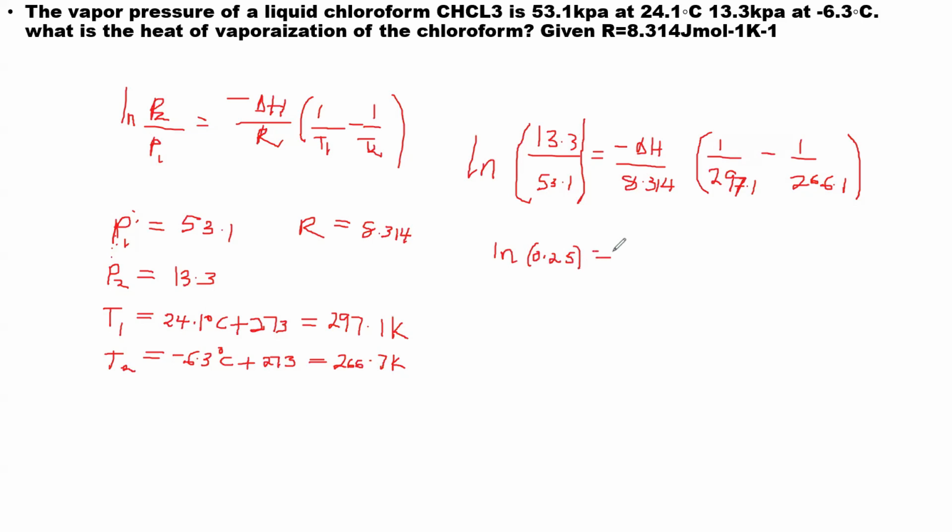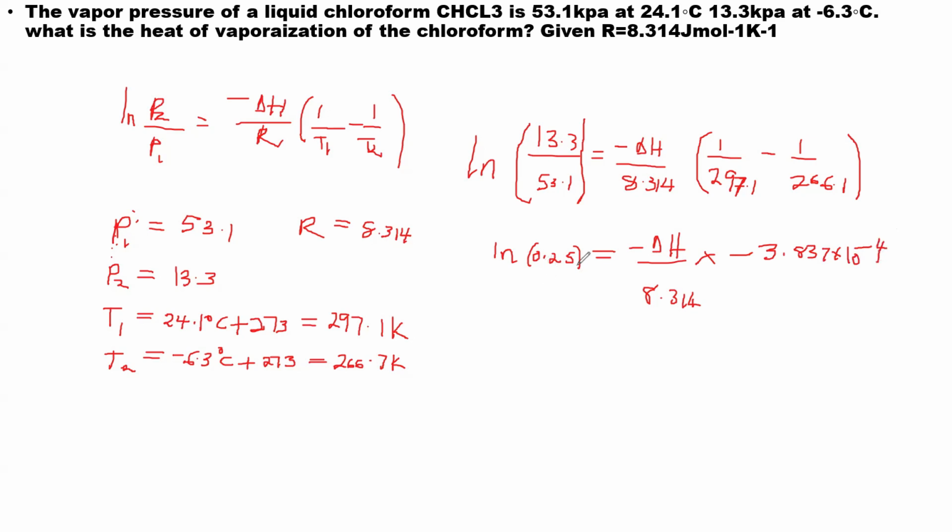Then we have equals to minus delta H all over 8.314, times, after you take this divided by this minus this divided by this, minus 3.837 times 10 raised to the power of minus 4.